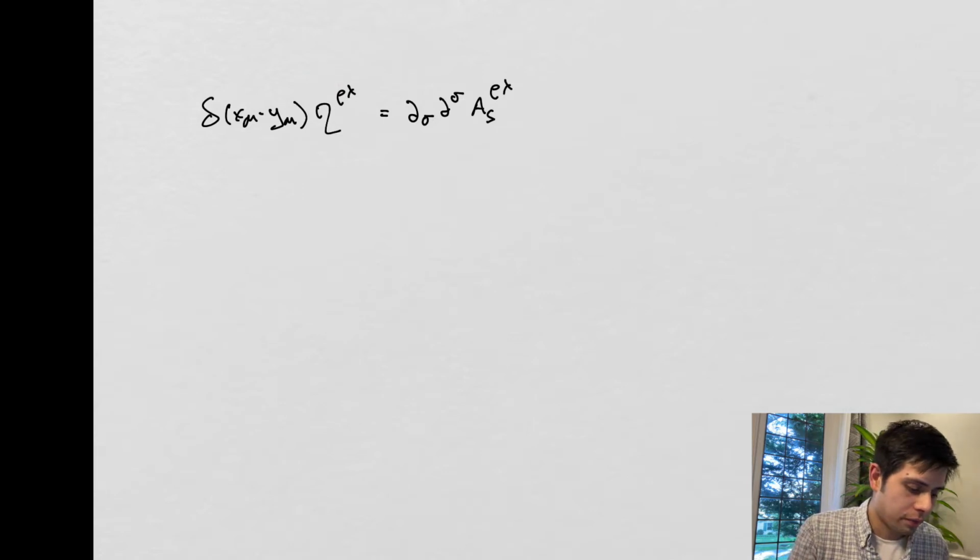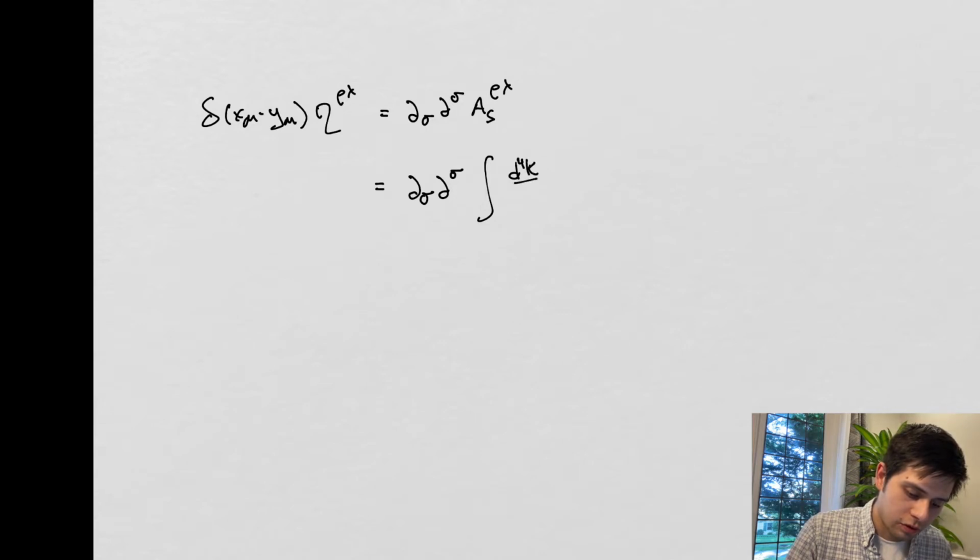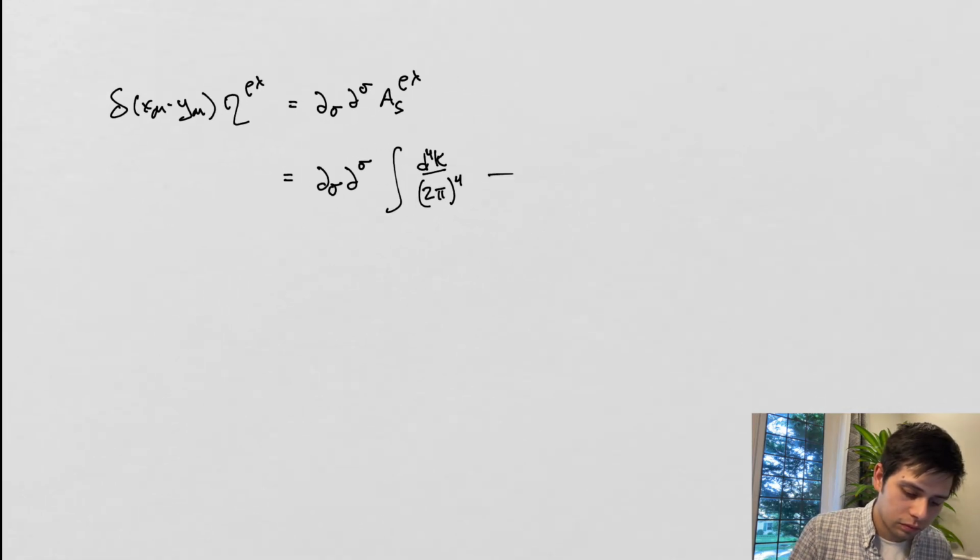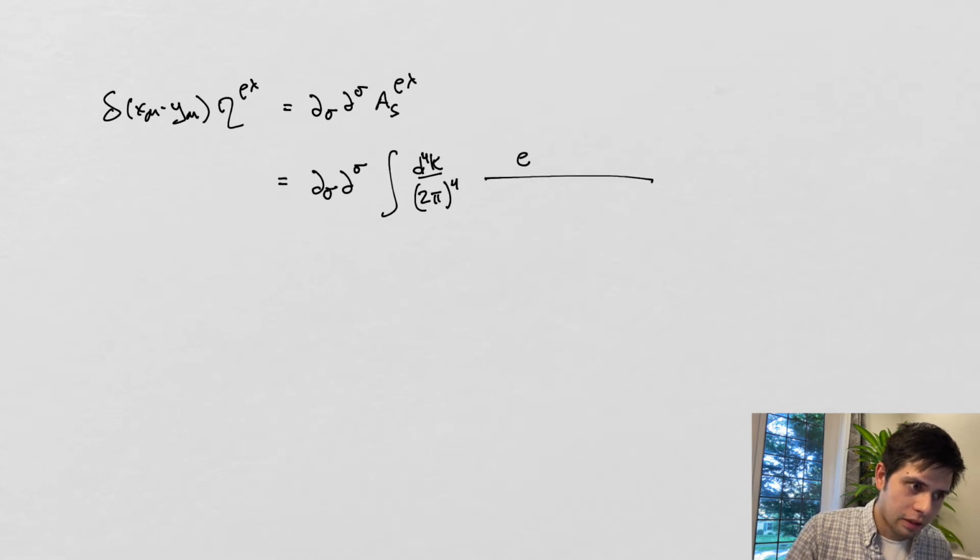So our proposition is going to be a sum over momenta to the fourth, e to the i k mu, x mu minus y mu, and then minus k mu eta rho gamma.